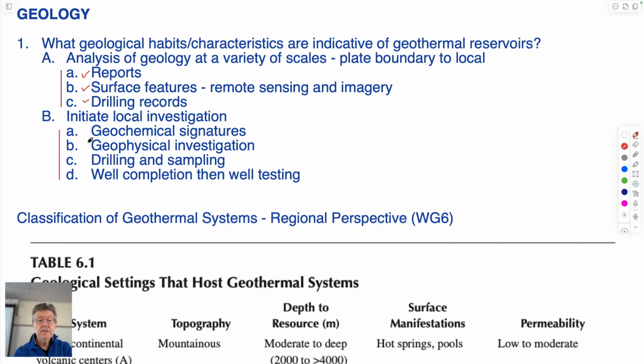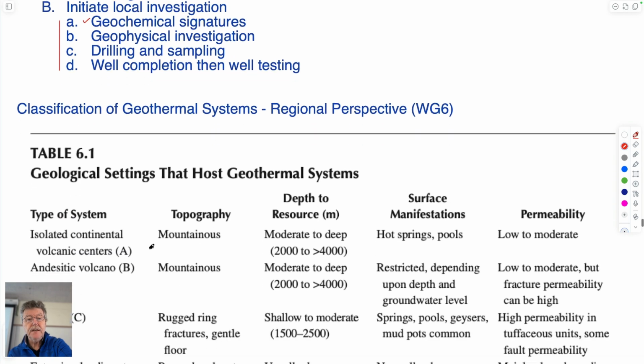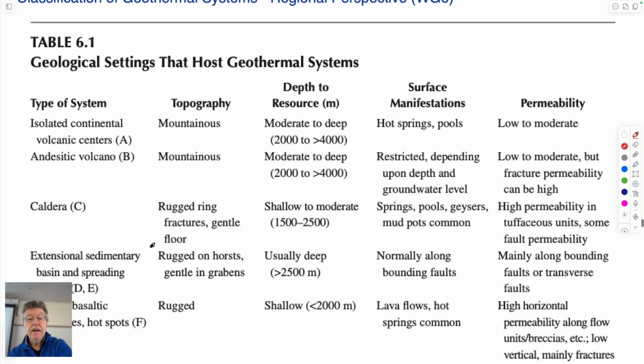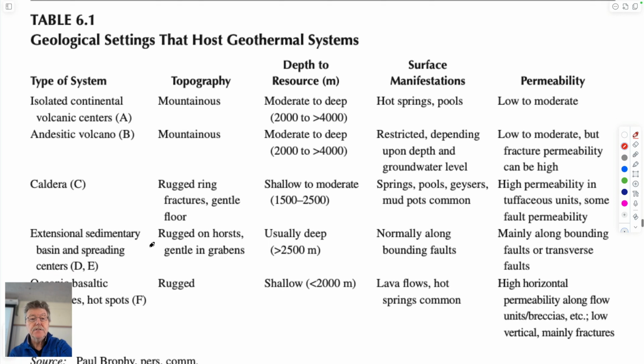I would say that if you want to figure out some of these things, certainly geochemical signatures, you might look at this Penrose conference from 2013 in Park City to see exactly what there is there to describe that. But the basic idea is that there are certain geological settings which we already know about that would say something about whether a geothermal system is hosted there.